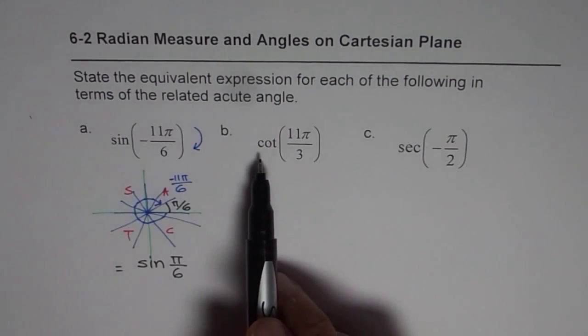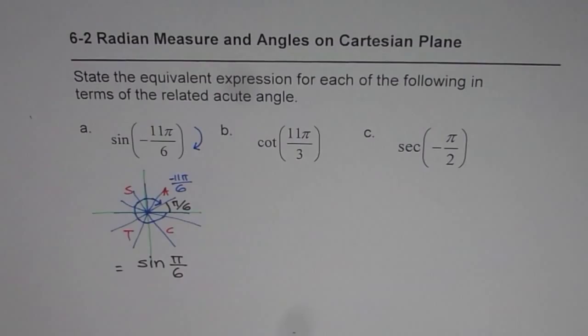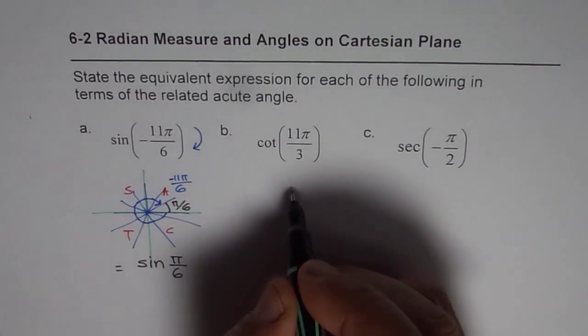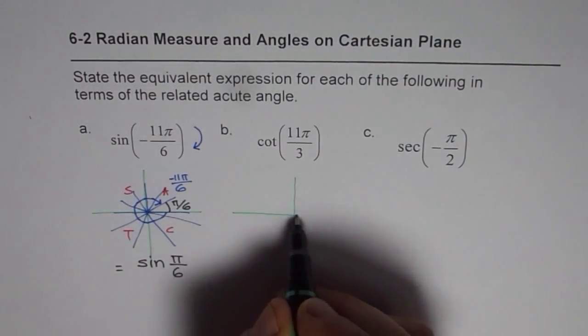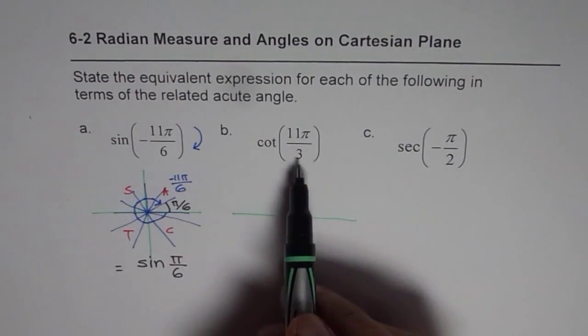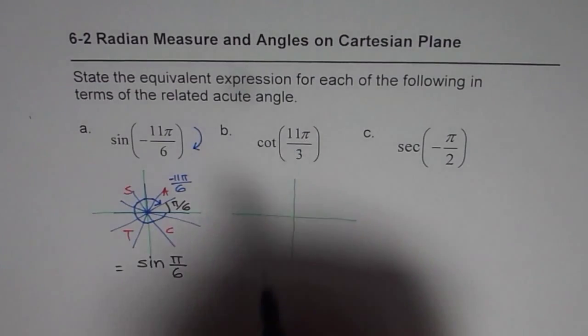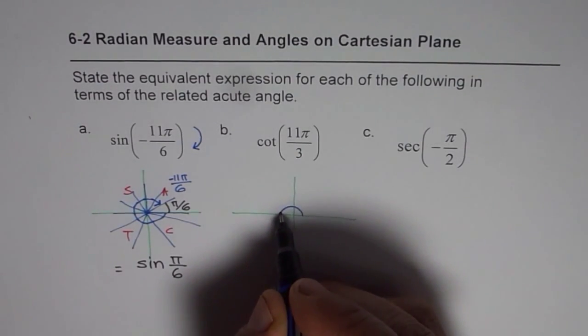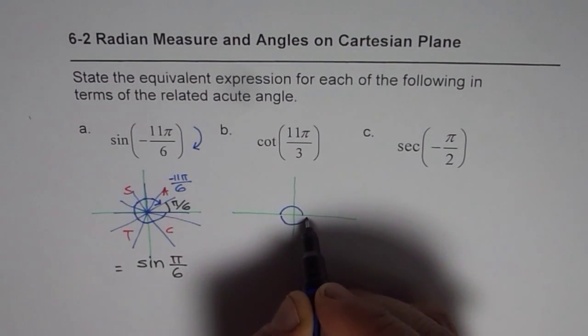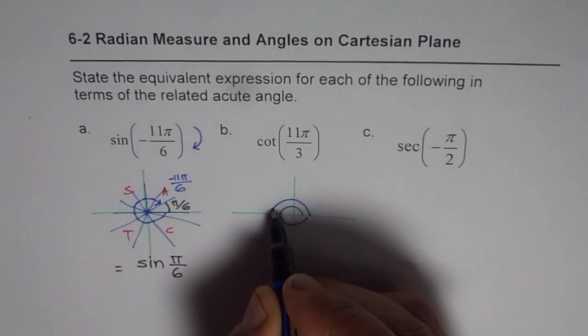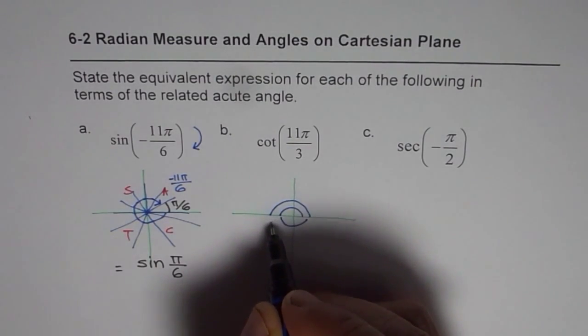Next one is cotangent of 11 pi by 3. So let's see. We'll do the same steps here. First we'll figure out in which quadrant we are. 11 pi by 3 means what? The pi is divided into 3 parts. That means 3 here and 3 here. That means 6, right? And 3 more, 9. And then 3.